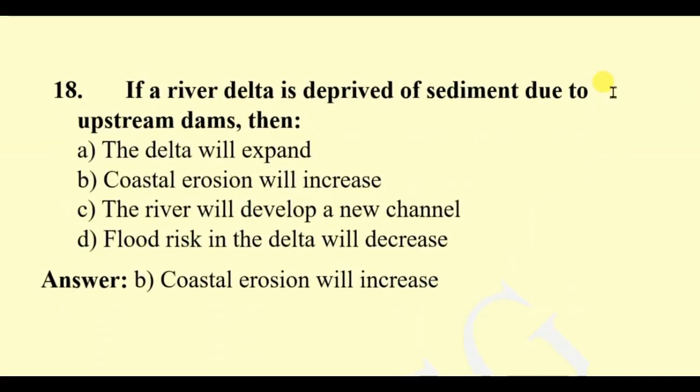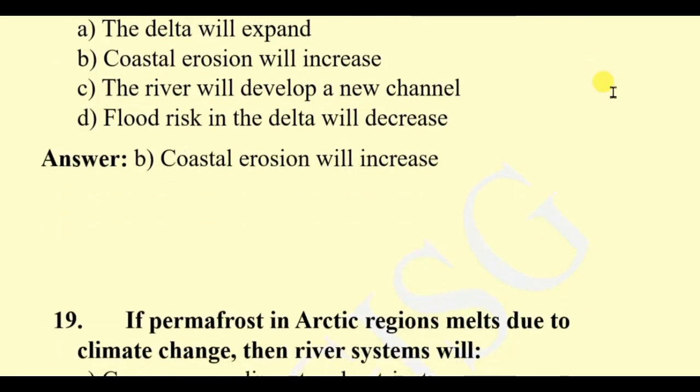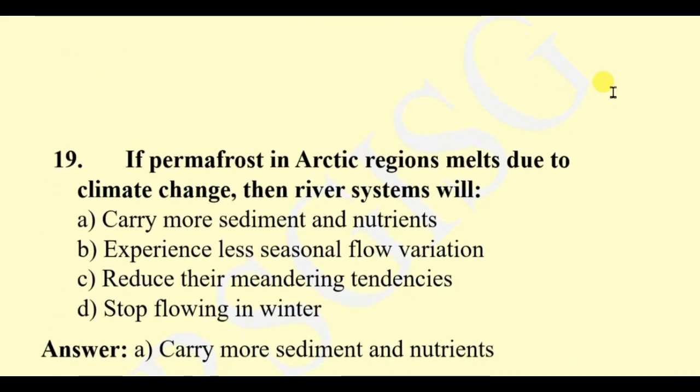If a river delta is deprived of sediment due to upstream dams, then the delta will expand, coastal erosion will increase, the river will develop a new channel, or flood risk in the delta will decrease. Of course, coastal erosion will increase because there is less sediment to transport. The waters become hungry.